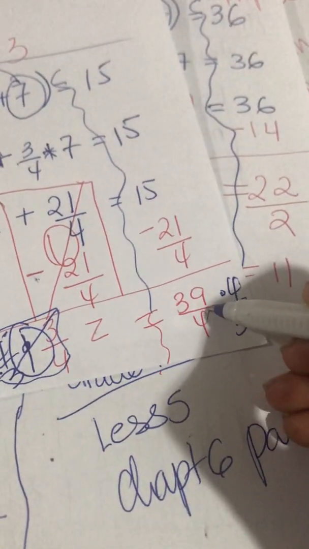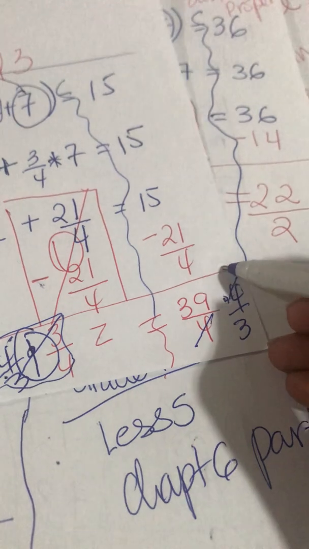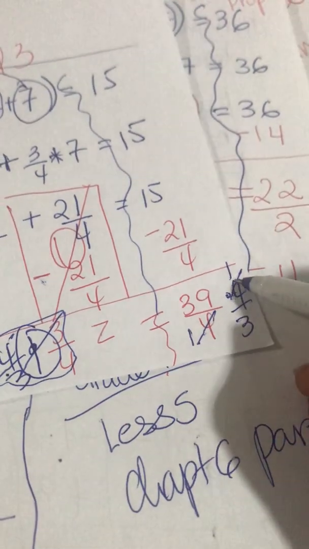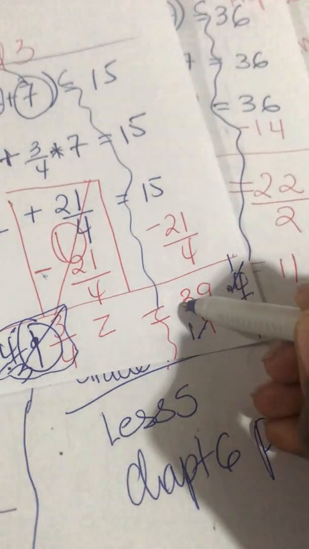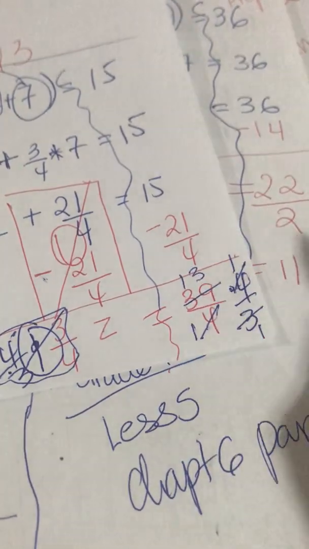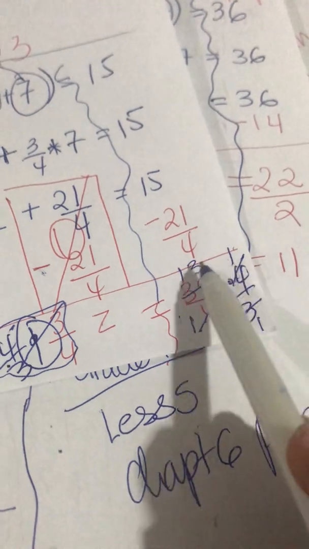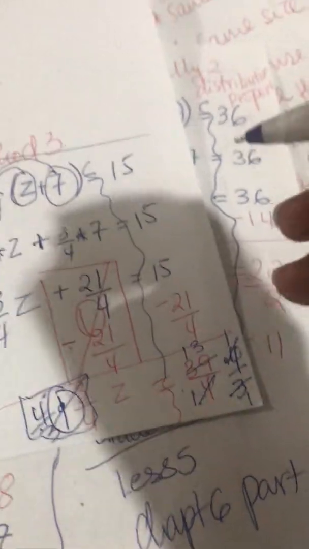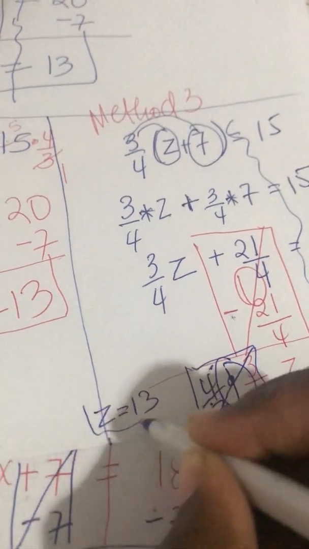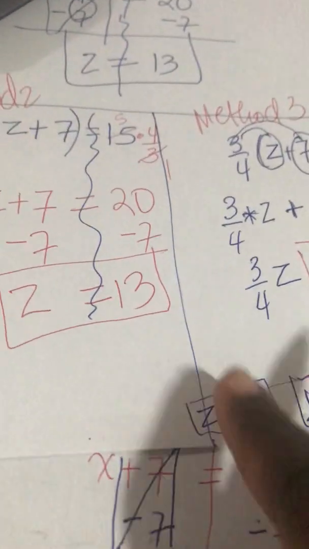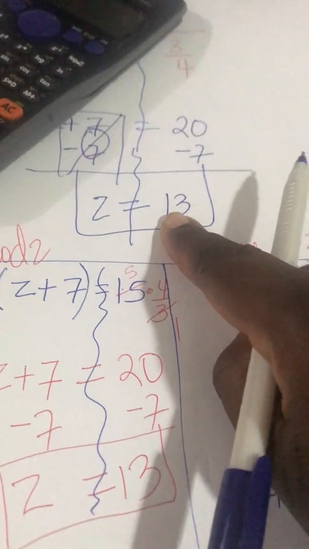And then this 4 crosses with this 4 because 4 divided by 4 is 1. And 3 goes here once and 3 goes here 13 times. Or just put it like this in the calculator, you should get 13. So z equals 13. I did it here, I got it here, and I got it here.